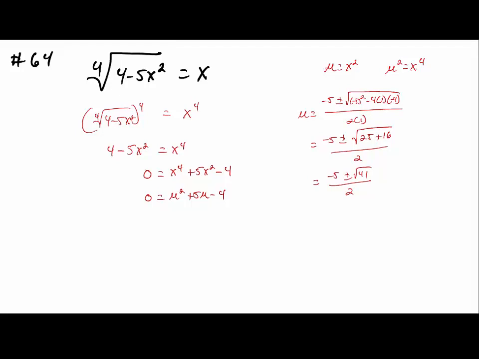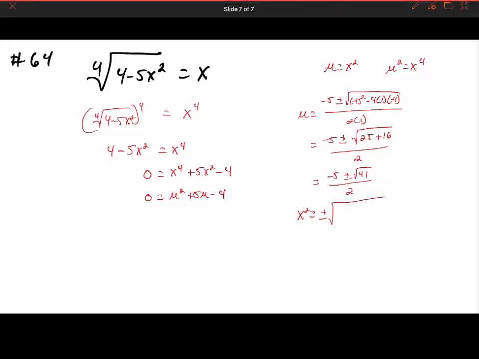And so now what I'm going to do is replace this with x squared. So it means that x squared is equal to plus or minus. Well, sorry, let me go back here. Let me erase this real quick. All right, let me go back.